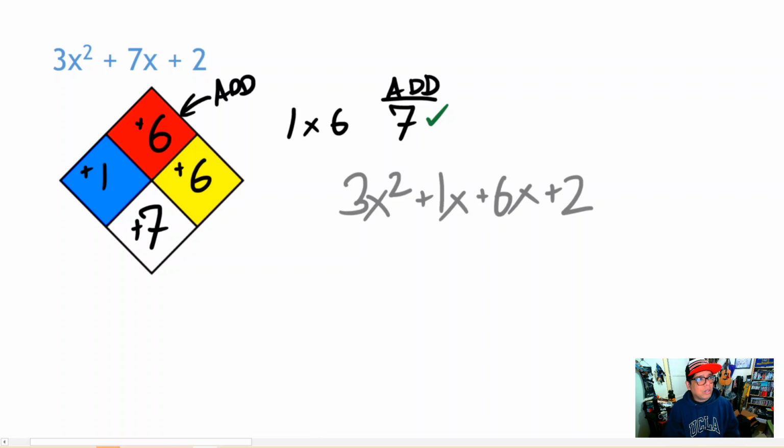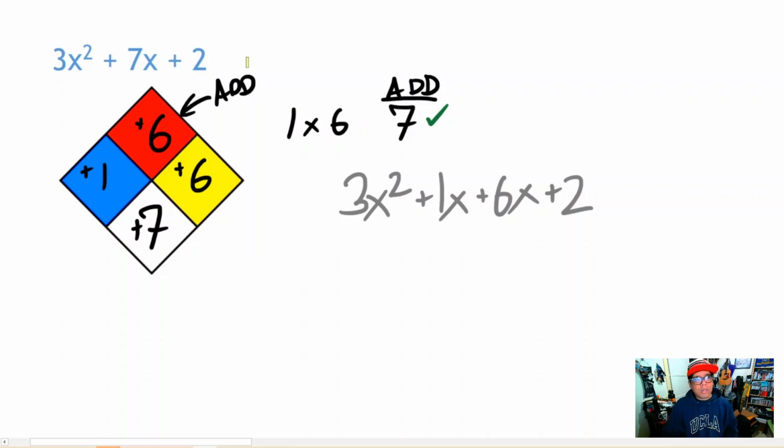So if you take a close look at what we've done, we've taken the 7x and we've expanded that out into a plus 1x and plus 6x. And of course, 1x plus 6x is equal to 7x. So this gray polynomial that I've written is exactly equal to the blue polynomial.